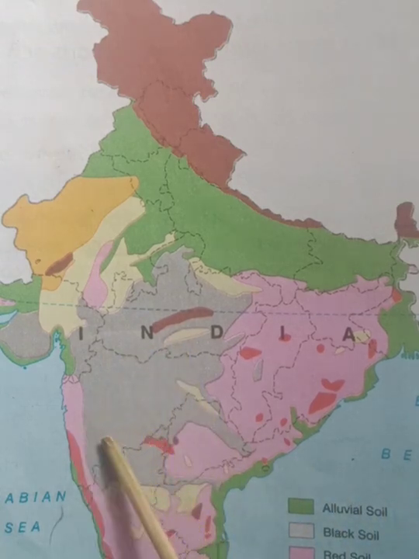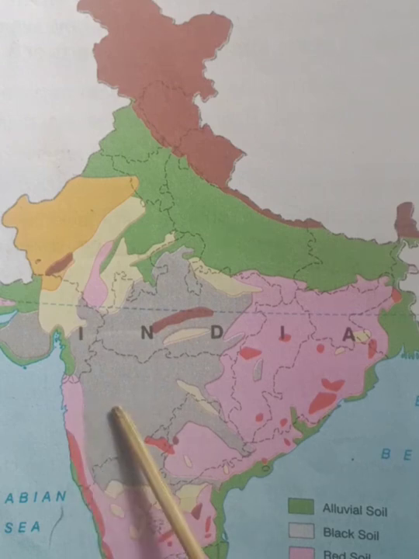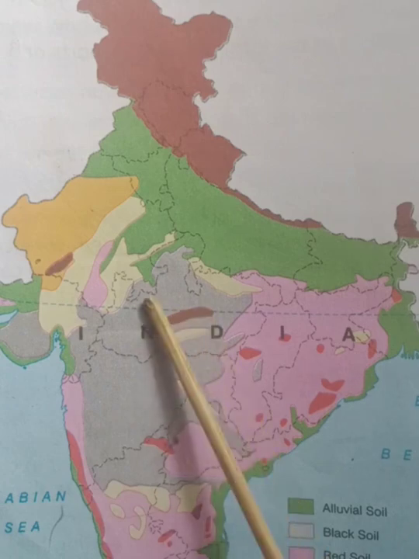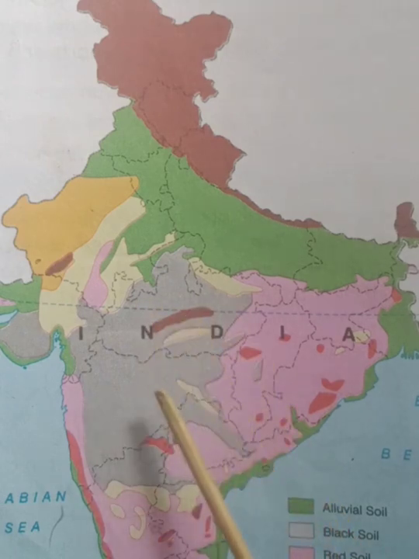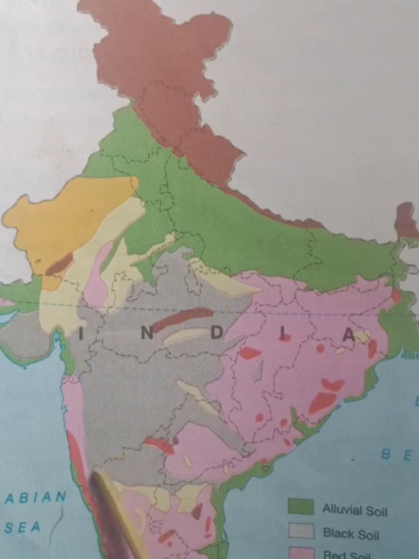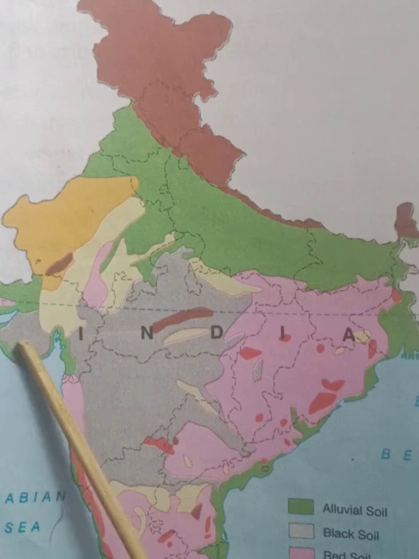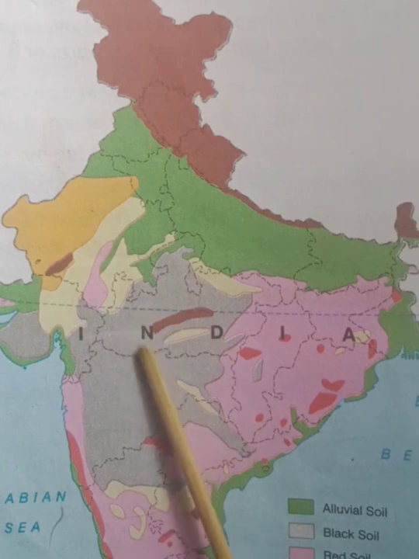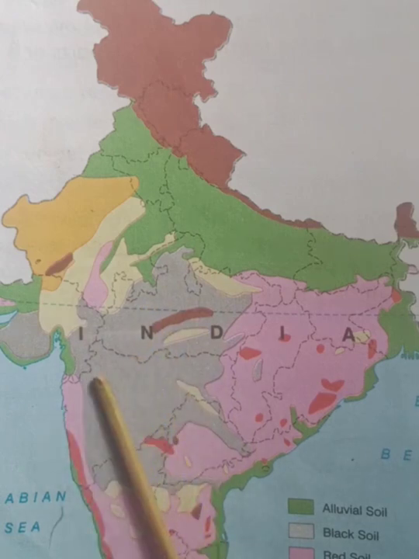Most of Maharashtra, here comes Maharashtra, and Madhya Pradesh and part of Telangana, and part of Karnataka, Gujarat, here comes Gujarat, and part of Rajasthan. In all these places you find the black soil.